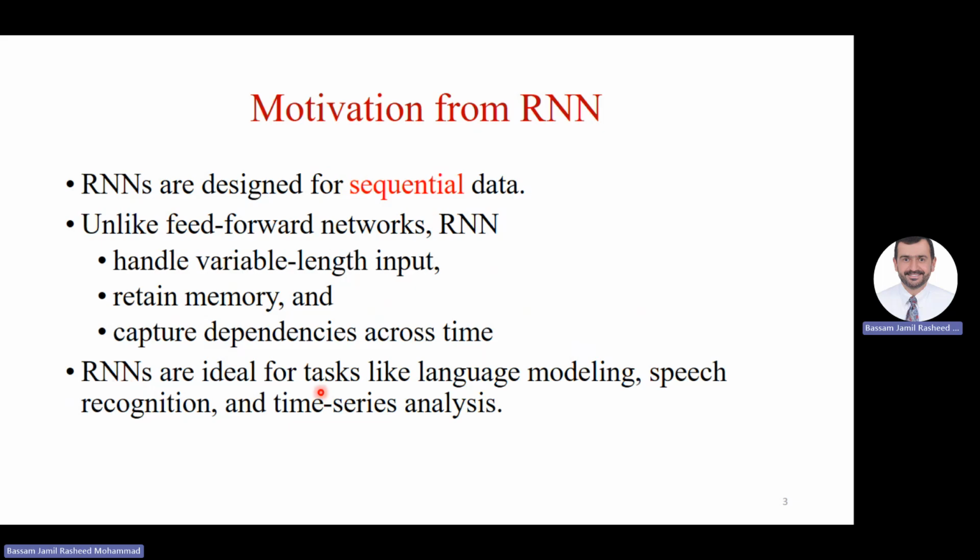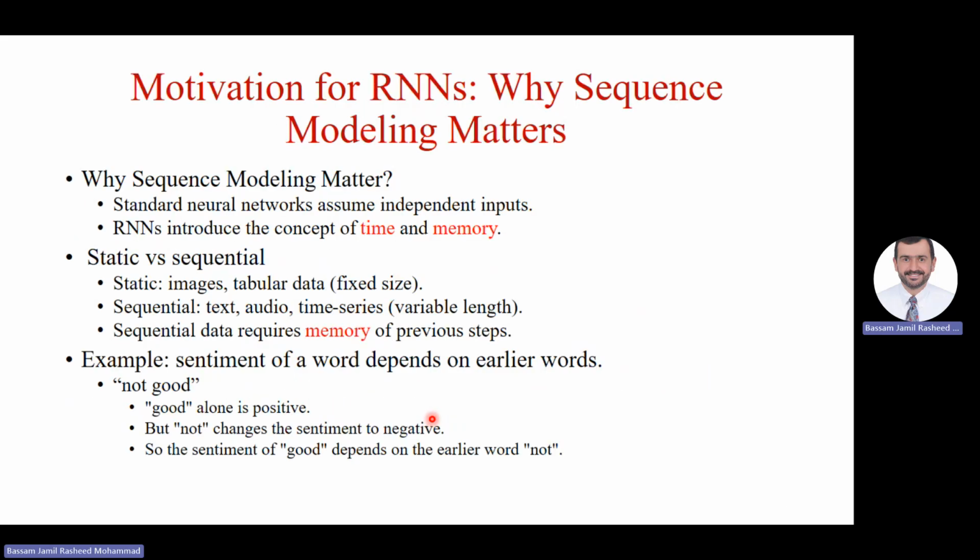So RNNs are ideal for tasks like language modeling, speech recognition, time series analysis, anything where you have time steps with events or data that has a relationship with the previous data, or dependencies on the previous data and the following data.